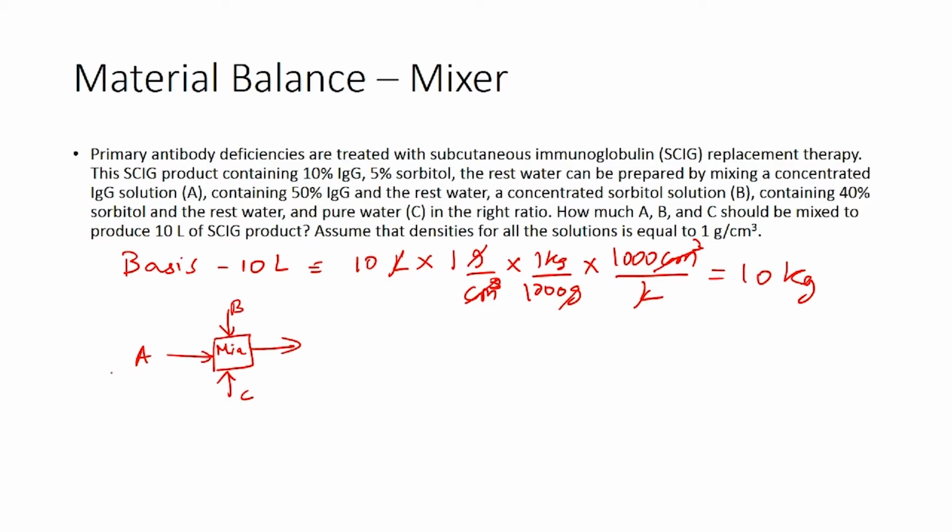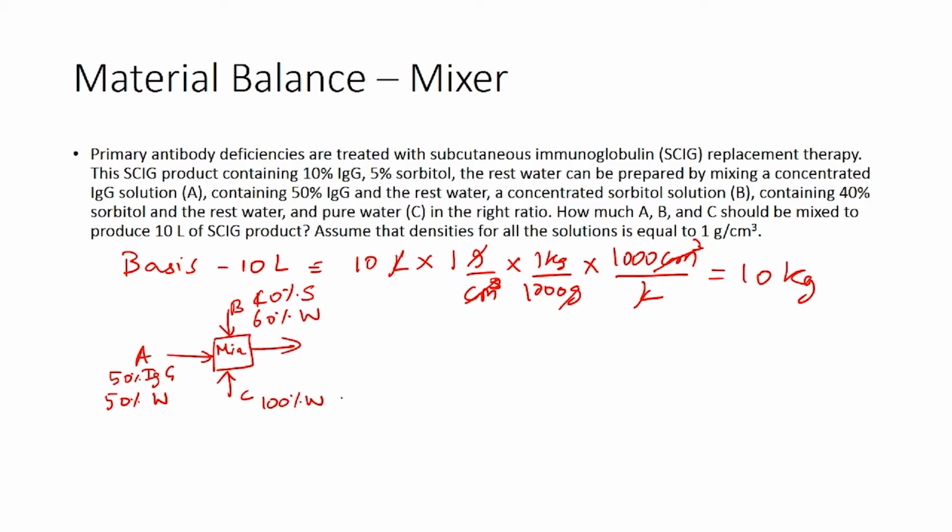So A has been told to be 50% IgG and the other 50% is water. B is 40% sorbitol and the other 60% is water. C is 100% water.